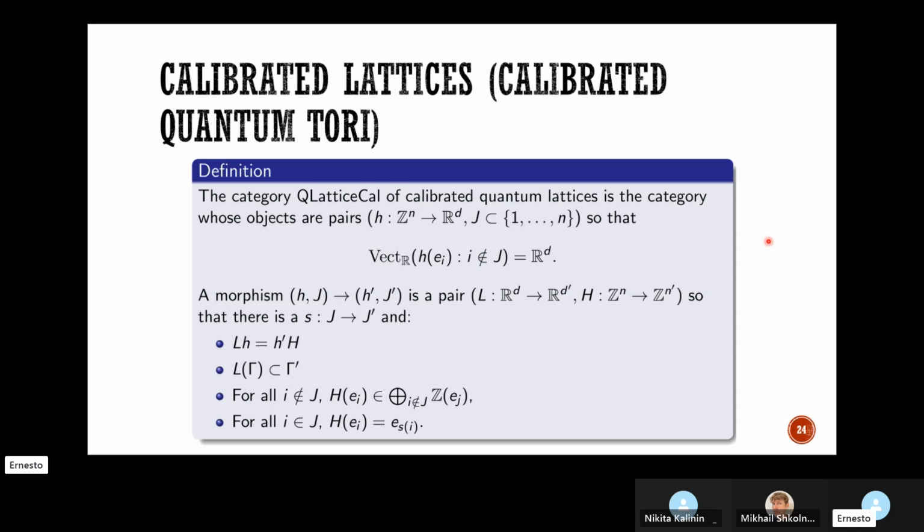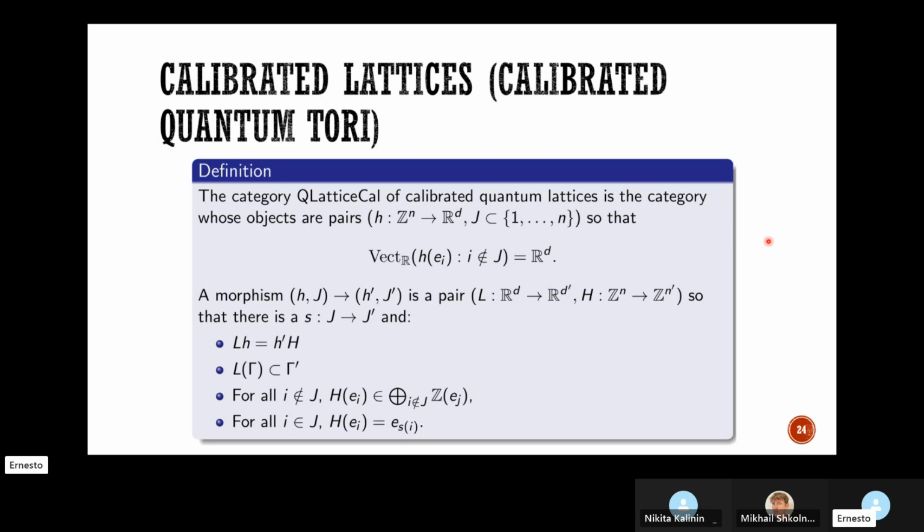But if you think about it, it was a real line winding on the torus knot. So there was a stabilizer of Z. If you take into account this stabilizer of Z, then you don't quite get a circle as a quotient. You get some sort of an orbifold of a circle with a Z stabilizer at every point.